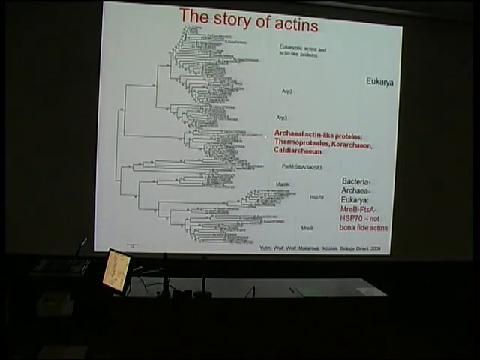The increased representation of sequenced archaeal genomes shows that a certain assemblage of archaeal groups, Thermoproteales or Crenarchaeota, and something called Lokiarchaeum, to which we'll return in a few moments, actually have true actin homologs, or proteins that unequivocally, very clearly cluster in phylogenetic trees with eukaryotic actin.